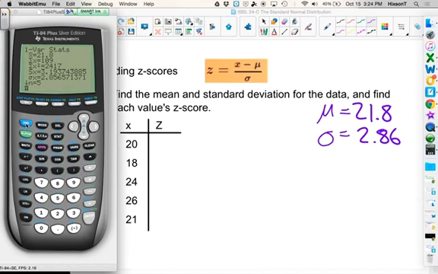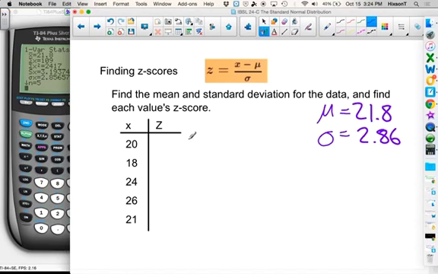So now, I have the standard deviation. If I want to find the z-score of each one of these, I need to do the following. I'm going to take each x, subtract the mean, 21.8, and then divide by my standard deviation, 2.86.